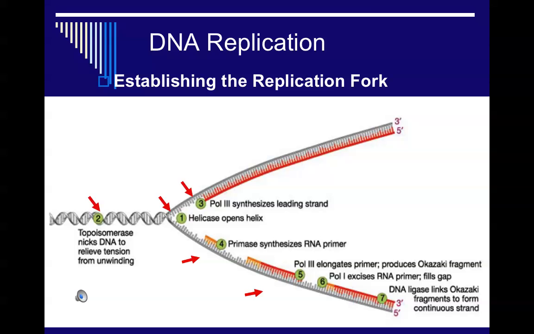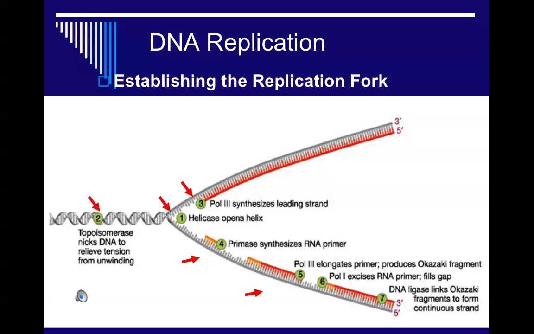Once DNA polymerase III has done as much as it possibly can do, then we're going to need the help of DNA polymerase I. DNA polymerase I is going to remove the RNA primers, and it's going to bring in complementary deoxyribonucleotides to fill in the gaps where the RNA was.